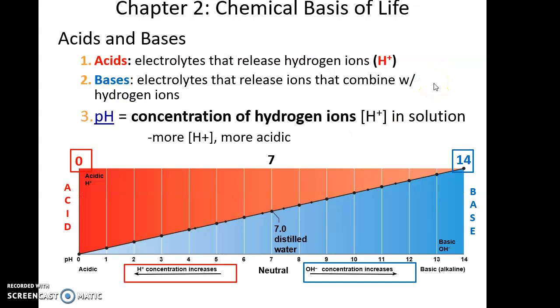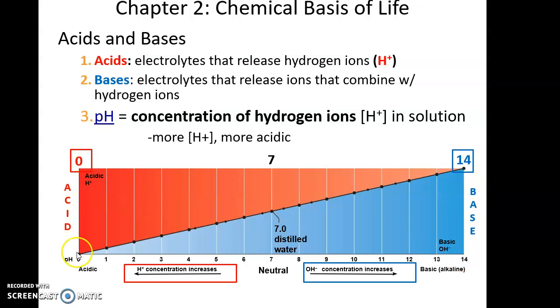All right, pH. pH is a measurement of the concentration of hydrogen ions. So how much hydrogen ions are present in the solution. And the more hydrogen ions, the more acidic. pH runs from 0 to 14, 0 being the absolute most acidic possible, 14 being the most basic or alkaline possible.